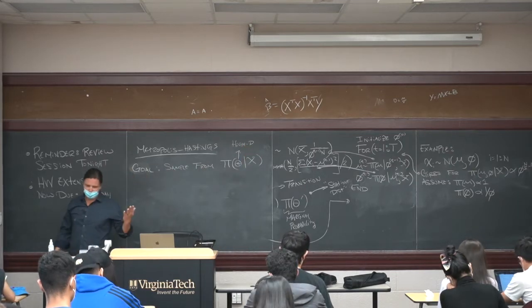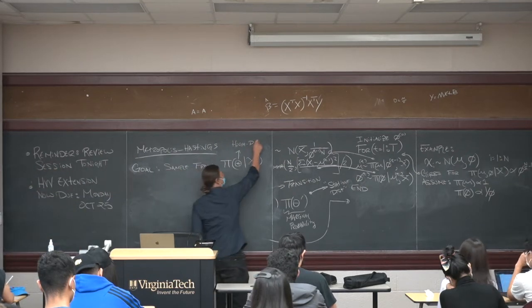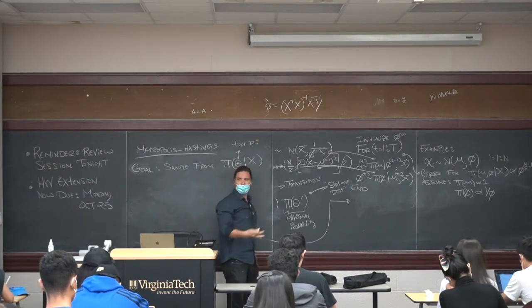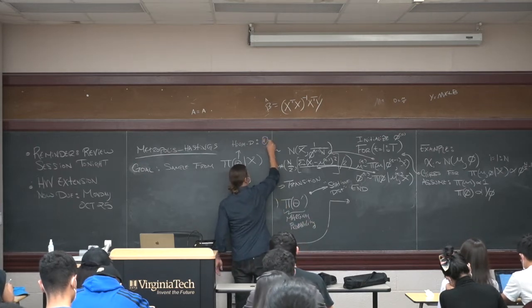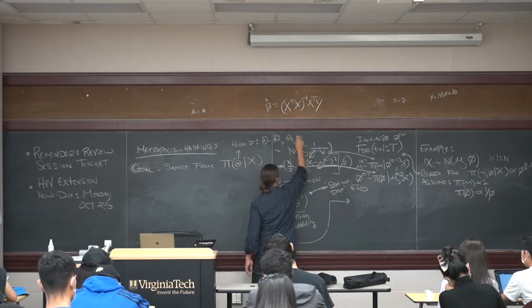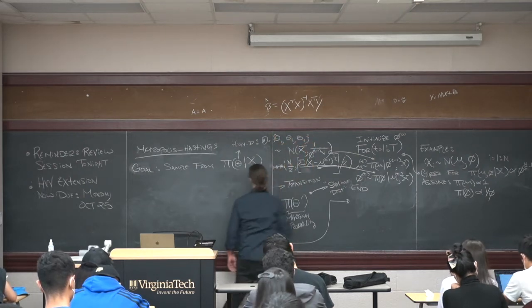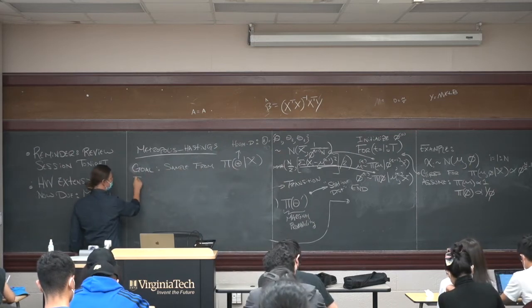So maybe theta 1, theta 2, theta 3. That'll at least get the induction going where we can extend to everything else. So we'll just talk about it a little bit more generally. Here's what the algorithm looks like.